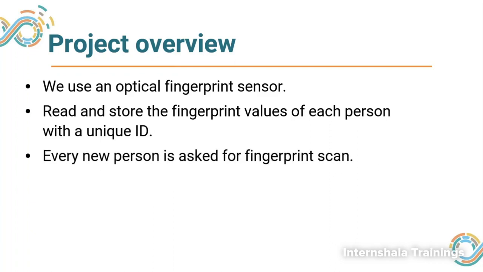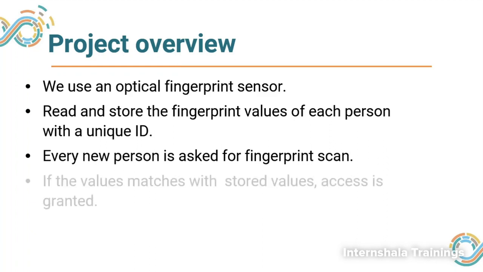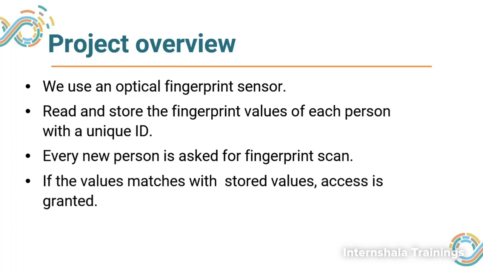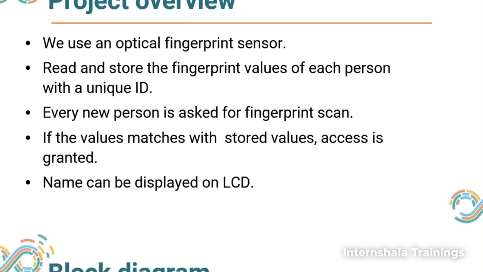Every person, whenever they enter, will be asked for a fingerprint scan. And if the value is matched with the stored values that we have in our database, then the access is granted or the attendance is recorded. We can optionally display the name on one LCD screen.